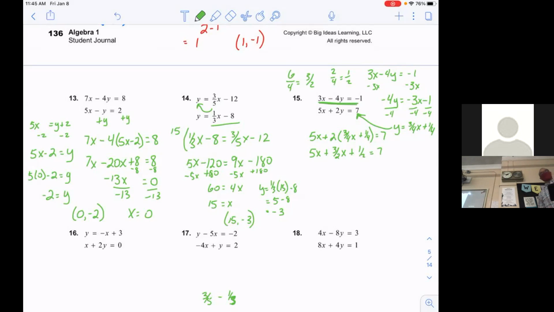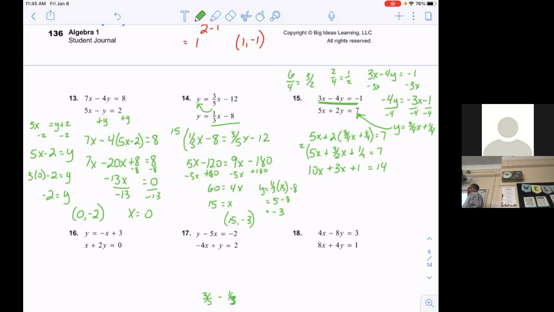Now we hit a fork in the road. You can keep on plowing with those fractions, but I don't want to. So I'm going to clear them by multiplying by 2. And again, you don't have to multiply by 2.